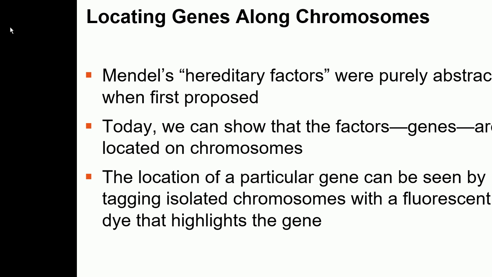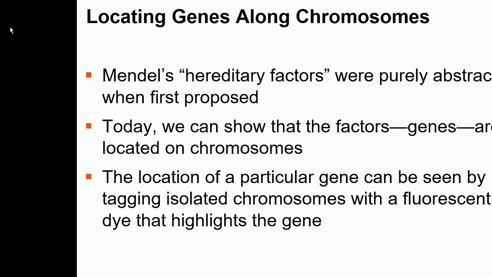So Mendel used the term heritable factors, and after that, when more developments came, people did more research and came to know that these heritable factors are actually passed from parents to the offspring.